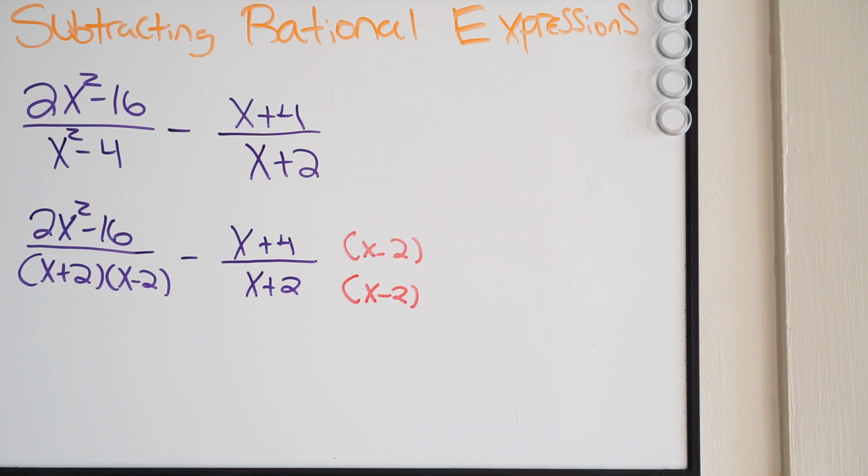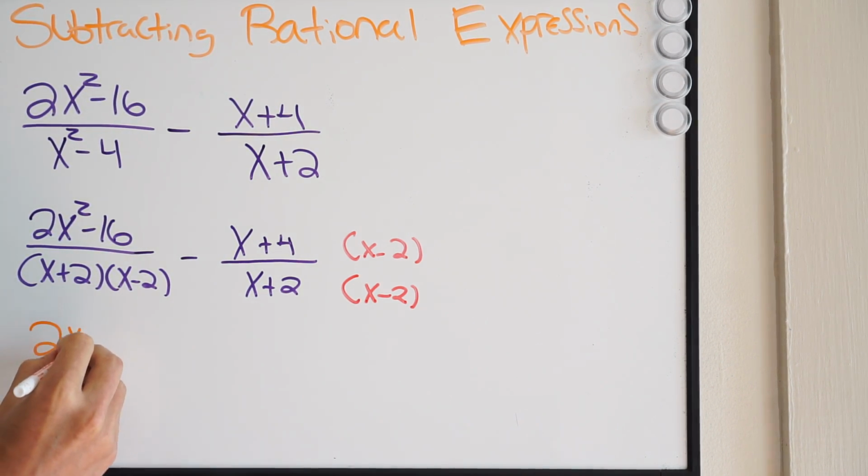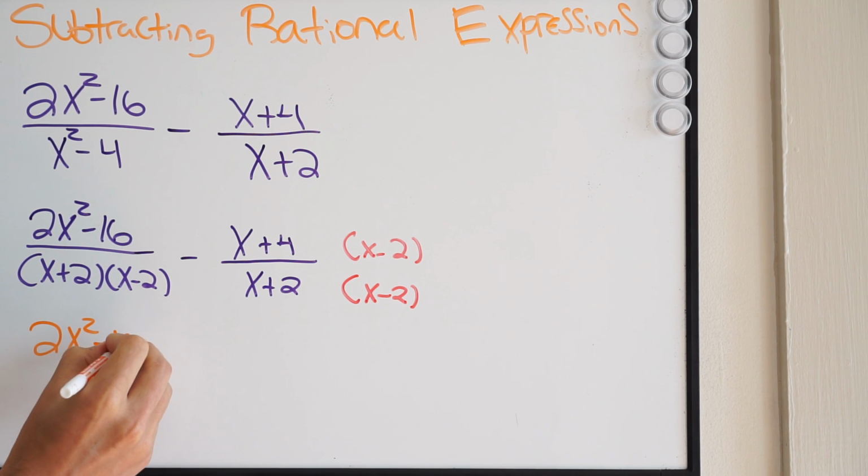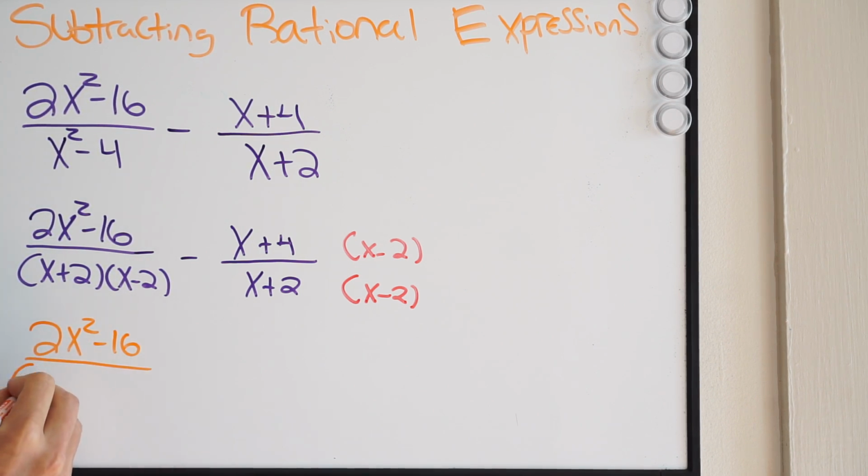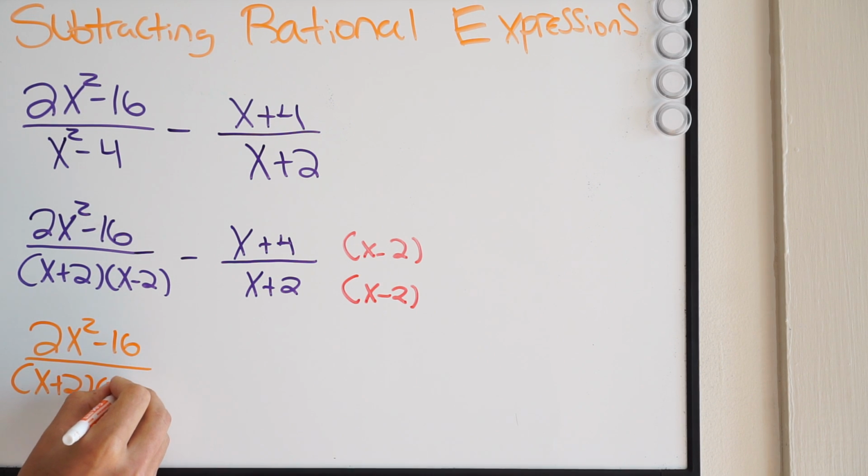Okay, and let's figure out what we get here. So we'll rewrite this in another color. So we'll have 2x squared minus 16 all over x plus 2, x minus 2, okay? And then we have minus, and let's go ahead and just do this operation out right now.